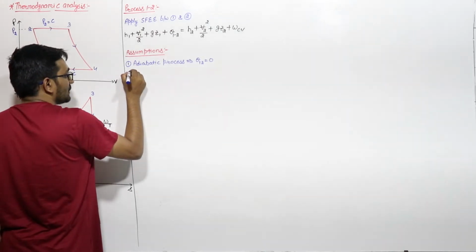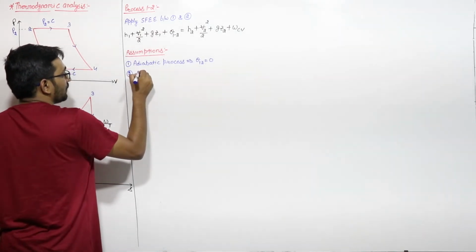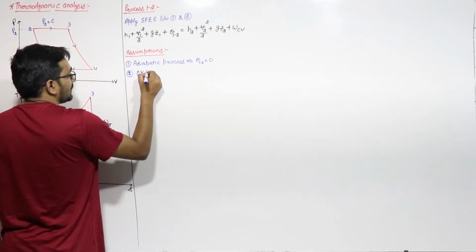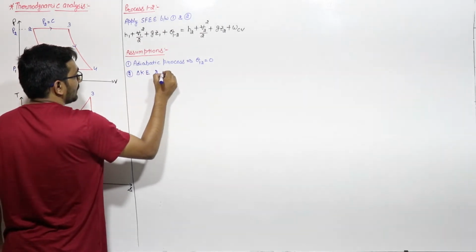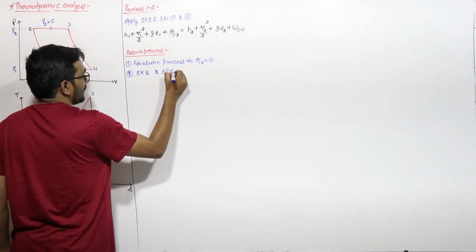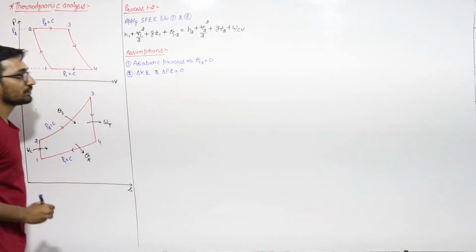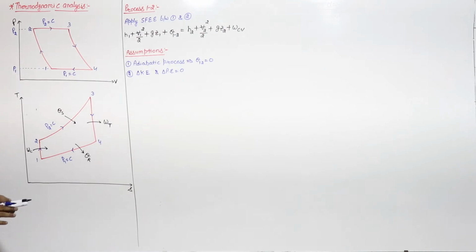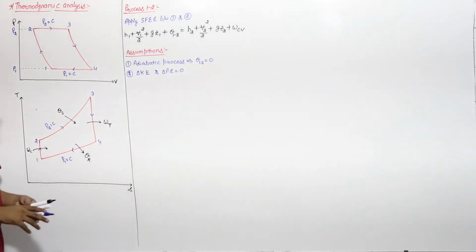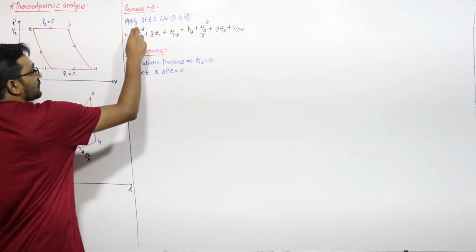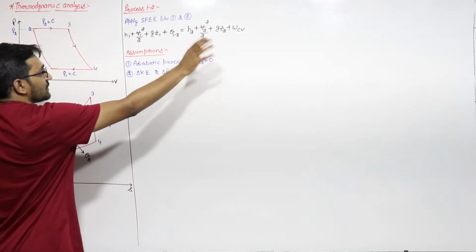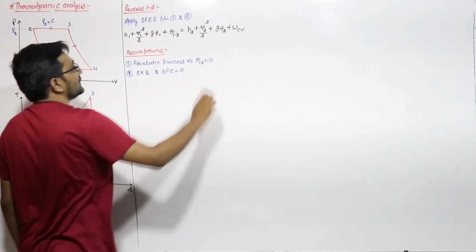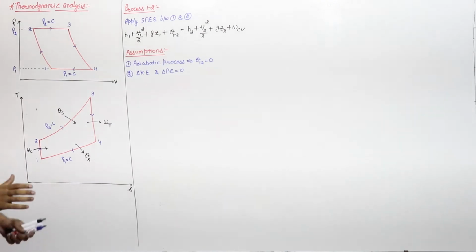Second assumption: during this process of compression, the changes in kinetic energy and changes in potential energy are 0. They are neglected. So V1 square by 2 minus V2 square by 2 is 0, and gZ1 minus gZ2 is 0. We are assuming this.